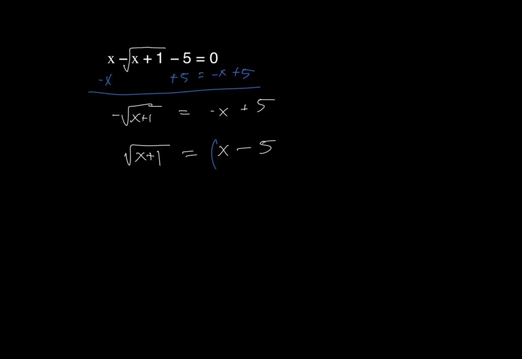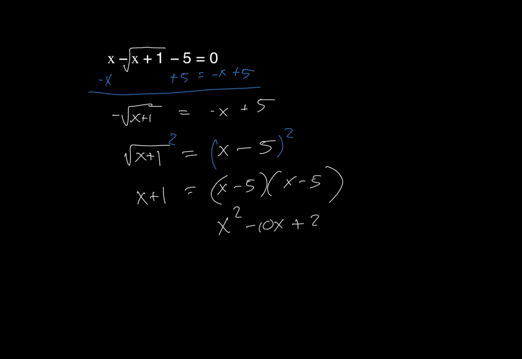Procedurally, same thing. Square both sides. Squaring a square root is x plus 1 equals x minus 5 times x minus 5. FOIL, which I do quickly, x squared minus 10x plus 25 equals x plus 1. Again, I have a quadratic.